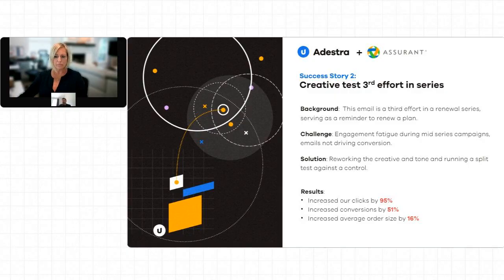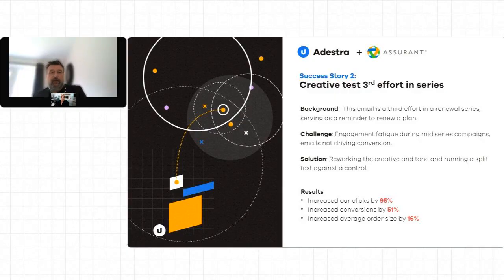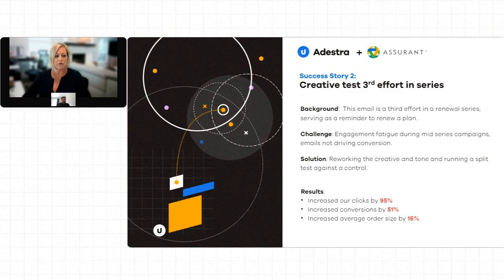Excellent. We've got a question come in actually, which we can address now. It came in during the first success, but I think it works for both. The question is, was that run over multiple campaigns or the result of one single email sent? Yeah, so we do our test on one single email. There are times where we will do a full campaign test.